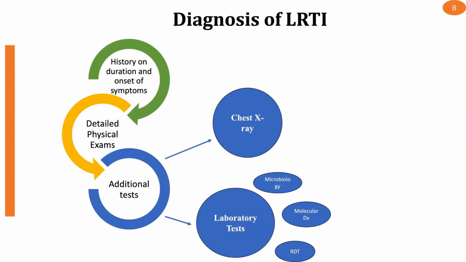The diagnostic strategy or algorithm includes, when the healthcare professional receives a patient, an interrogation in order to get the history, the duration, and also the onset of symptoms. After this, a physical exam can be done by looking, for example, at the rhythm of respiration.